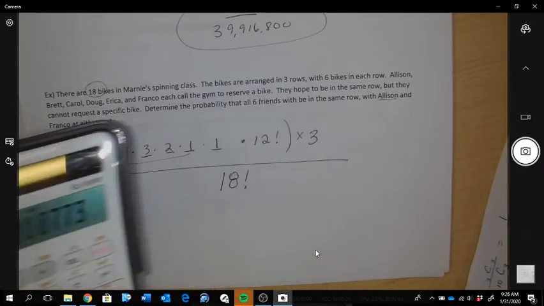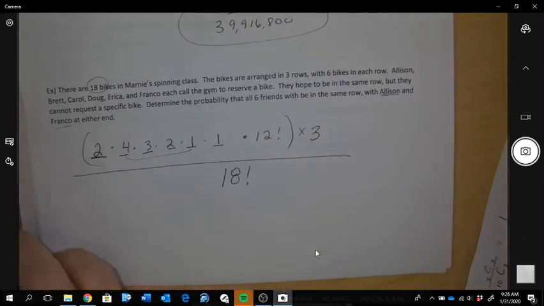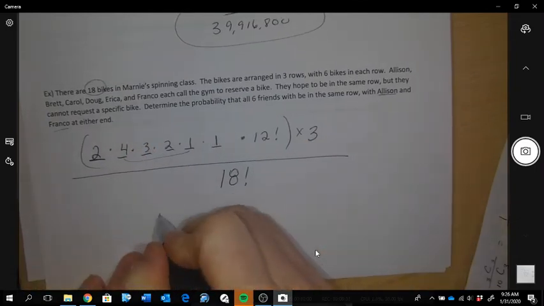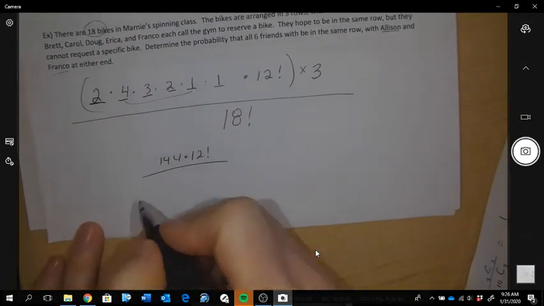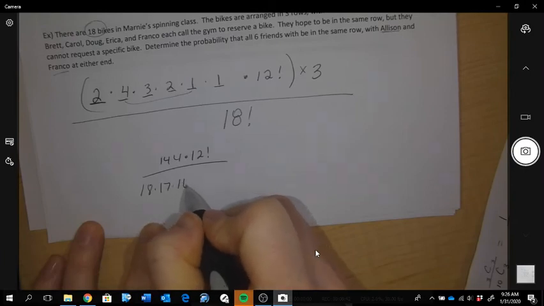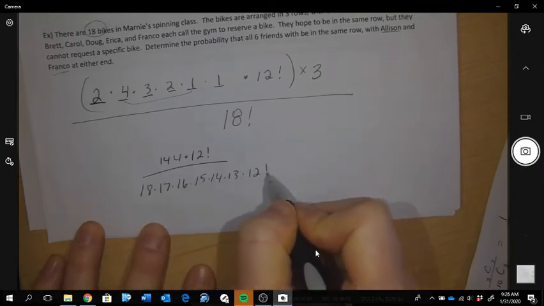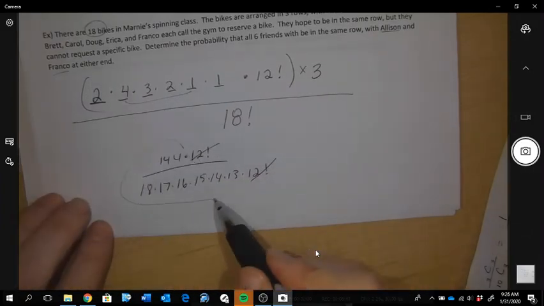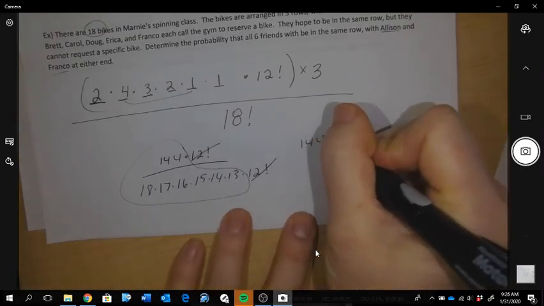Since it's so small, let's just see if we can do this. So 2 times 4 times 3 times 2 times 3. So this is 144 times 12 factorial. And I'm going to expand 18 factorial out. And then if you take those to divide, you get 144 over the remaining product.